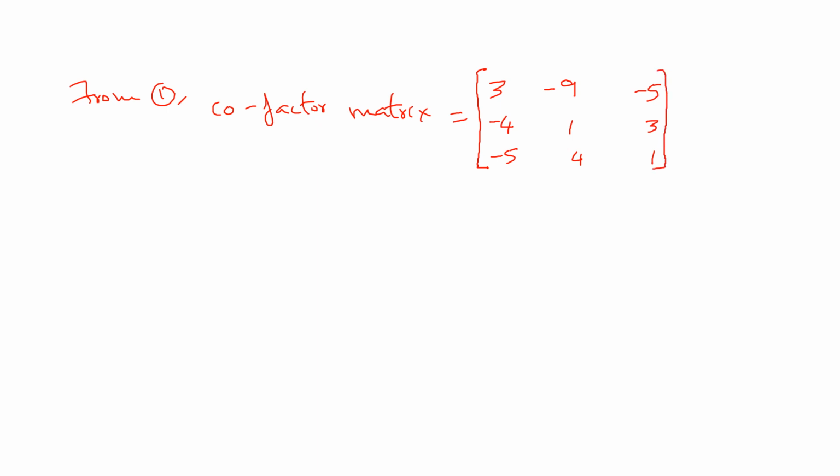Okay, so now how to find the adjoint of a matrix? Adjoint of matrix A is equal to transpose of cofactor matrix. So we have the cofactor matrix above. Now you have to take the transpose.